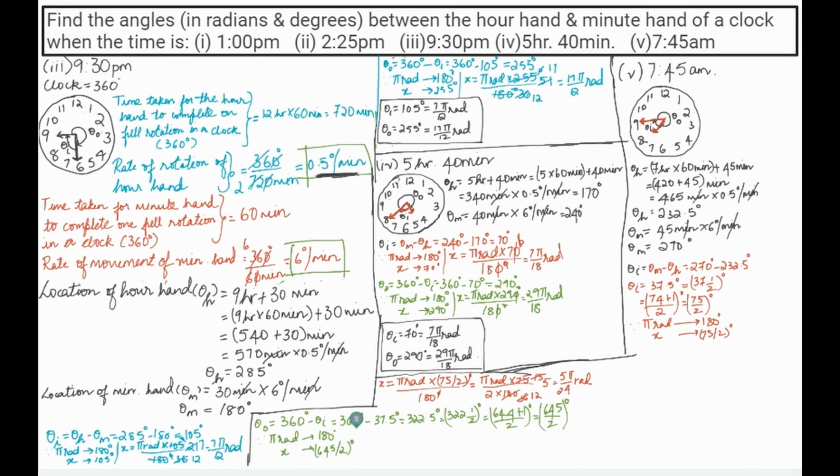When I cross multiply this, I get pi radians into 645 divided by 2 degrees divided by 180 degrees. Degree unit and degree unit cancel out each other, so it is equal to pi radians into 645 divided by 2 into 180.